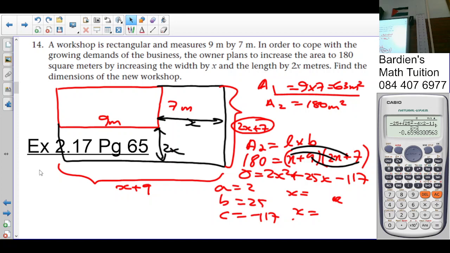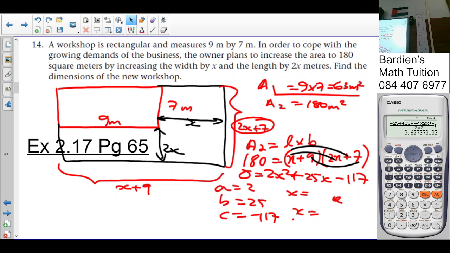Something is wrong. Let's go again on the calculator. It is negative 25. Did I put the minus?